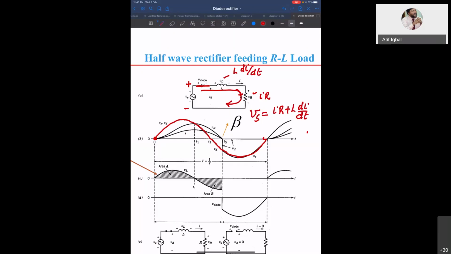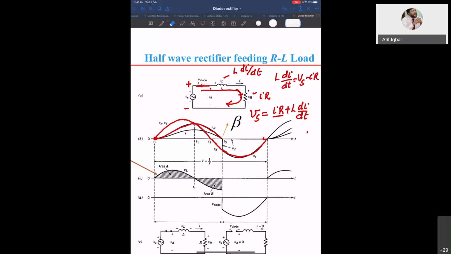IR is your voltage across the resistance, so the voltage across the resistance also goes like this. And what is L di by dt? It is Vs minus IR.